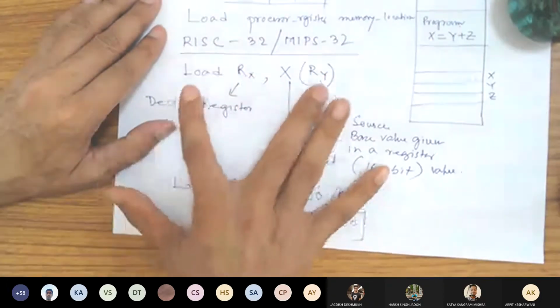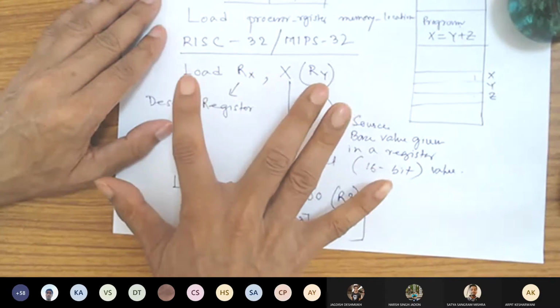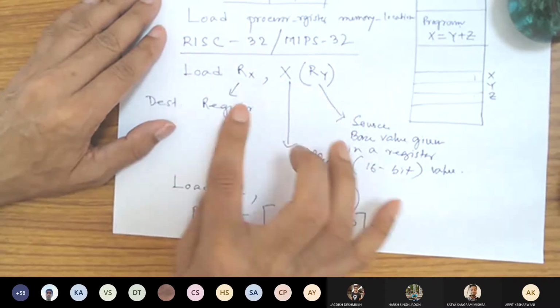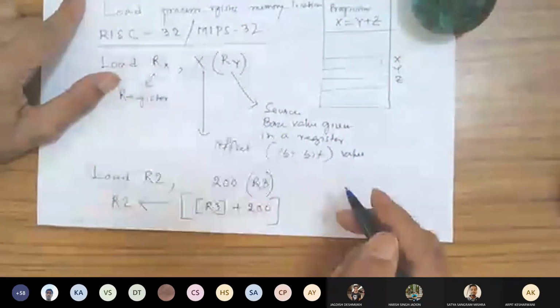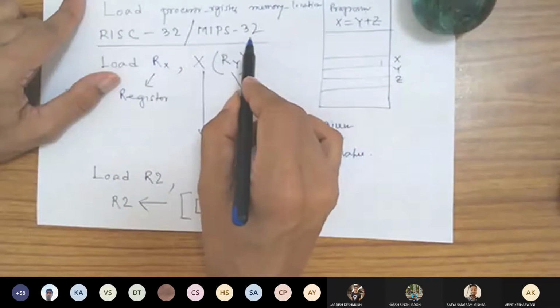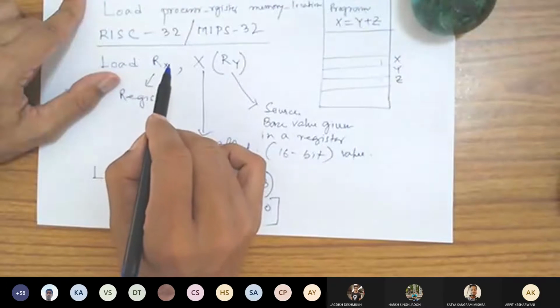This is a very well-known format that is used in a RISC machine, the typical load instruction. This RX can be anything. I will come to the number of registers later, but remember this is a 32-bit architecture. It has 32 registers, 16 general purpose registers, 16 special purpose registers.